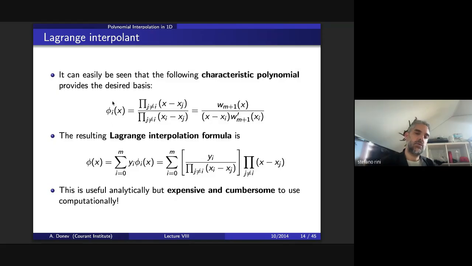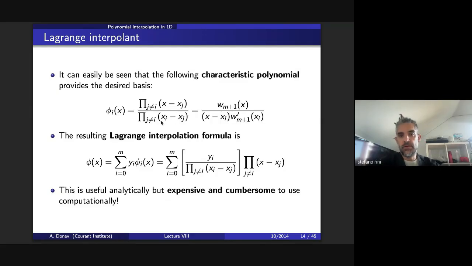So if somebody asks us to give the ith polynomial, the ith basis in our polynomial basis, what we do is take the product of all the other nodes and put them as roots of this polynomial.